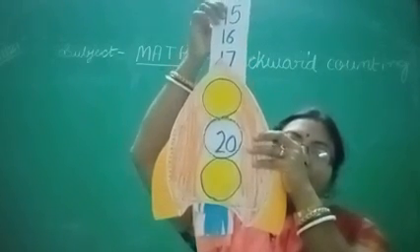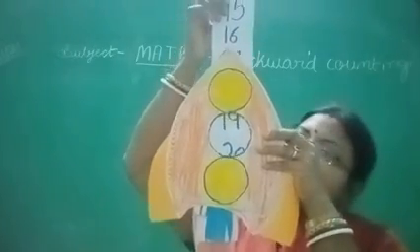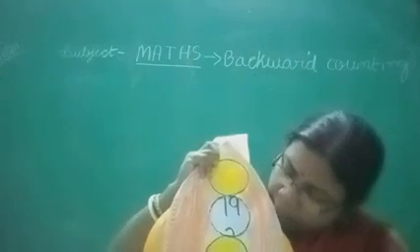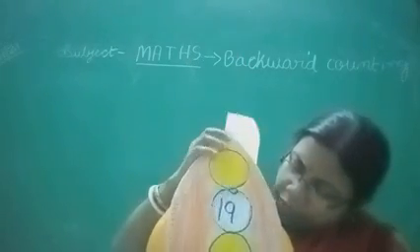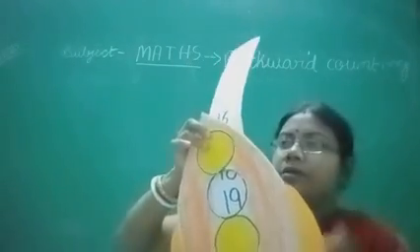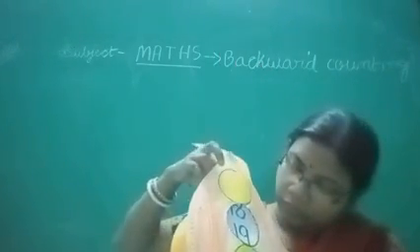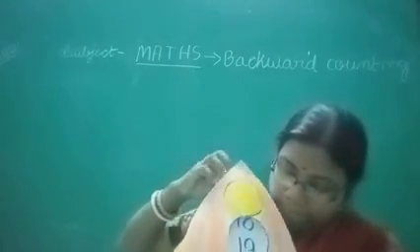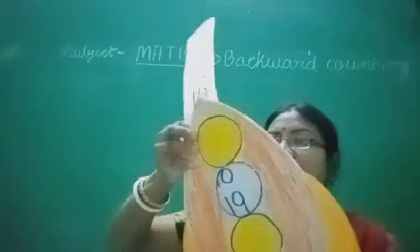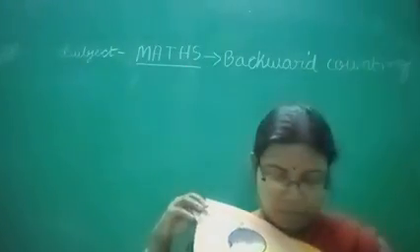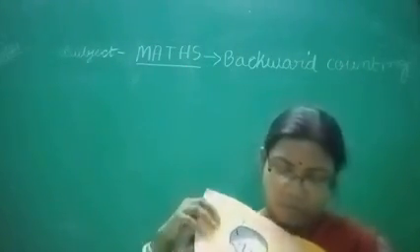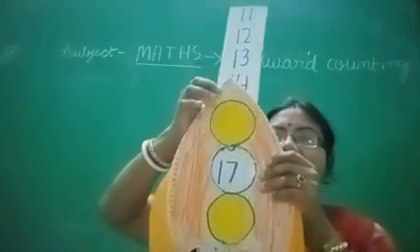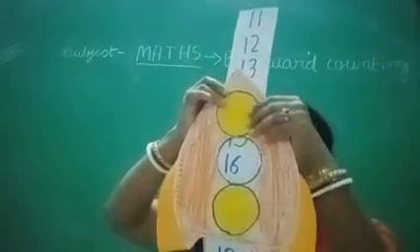See, the first number is 20. 20, 19. Then it is going to be 18, 17, 16.